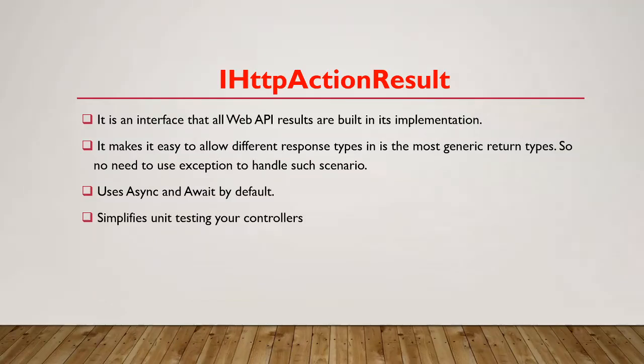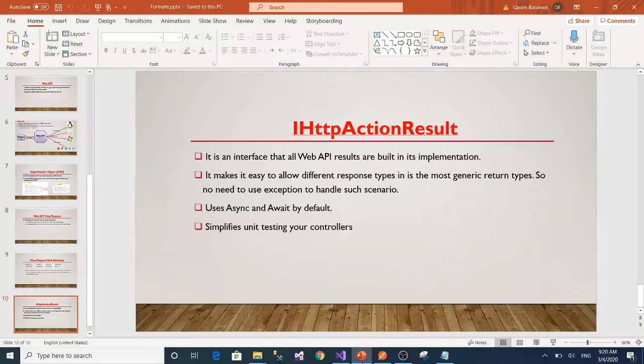Sometimes we used to have exceptions, where you can just throw an exception instead of returning some friendly message. Also, this interface uses async and await by default, which is great. Also, it does simplify your unit testing for your controller.